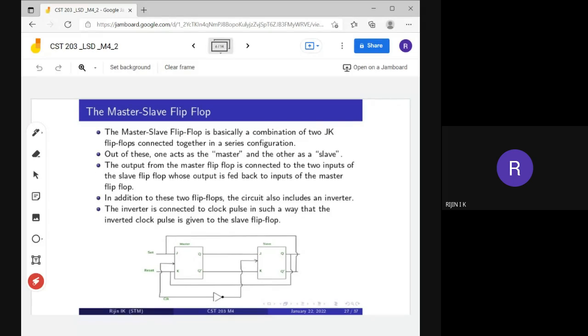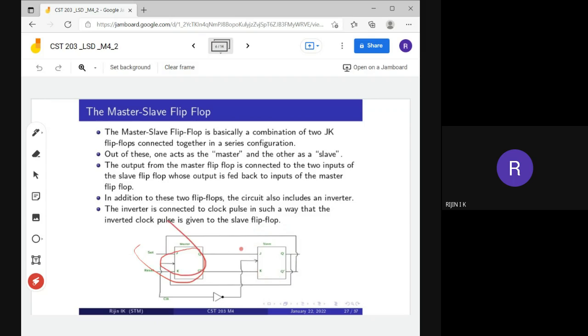So what is master slave JK flip flop? We can say that in master slave JK flip flop, it is a combination of two JK flip flops. This is the first one, this is the second one, and these two JK flip flops are connected together in a series configuration.